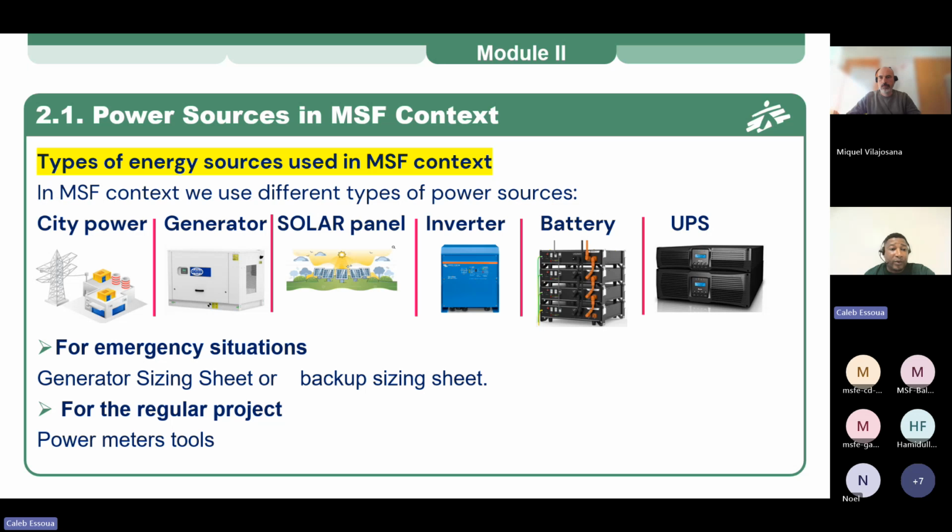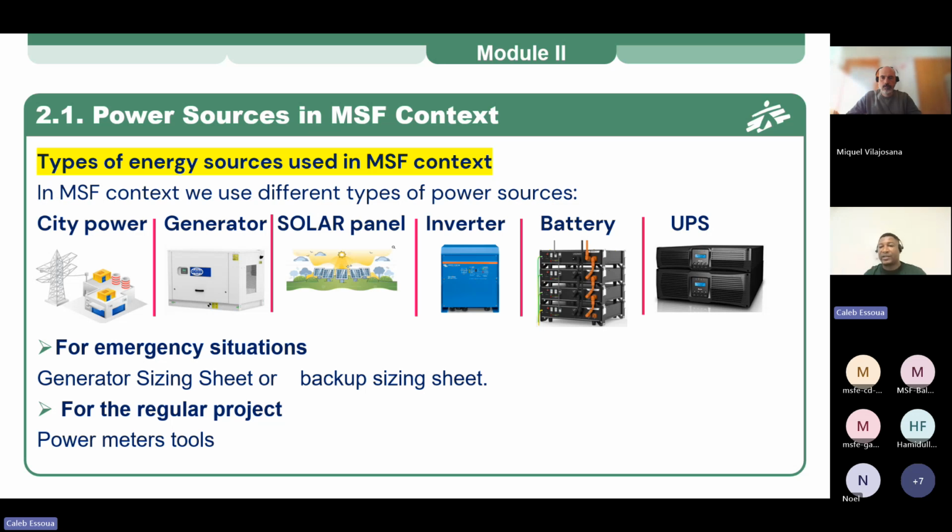For example, for an emergency project, it is an estimation. You don't have anything. You have to start from scratch. So with the estimations that you have, you can size your generator. That's why it's important to also check with the medical team what they are going to use. Then you list it down. You can go to Unicard.